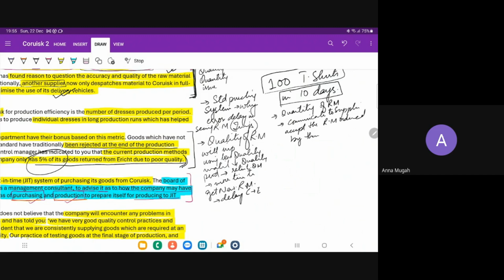Because if Corsair accepts excessive raw material from its supplier, obviously RH is not placing enough orders to them.